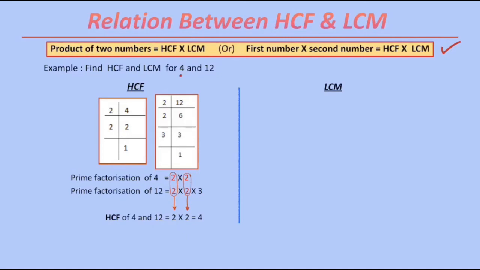Here we have taken 4 and 12. We will find out the HCF and LCM for the numbers 4 and 12. For finding HCF, we have to prime factorize the numbers.